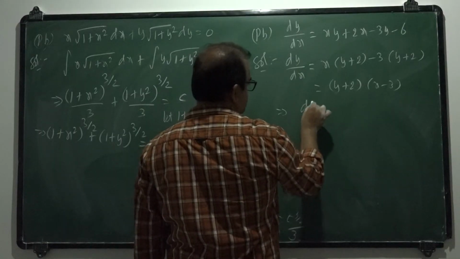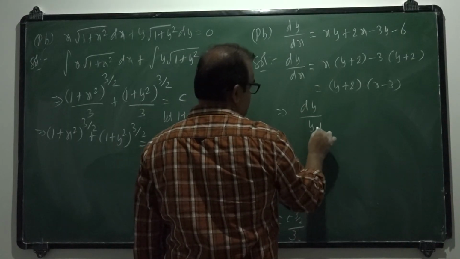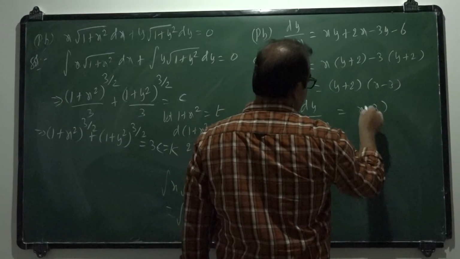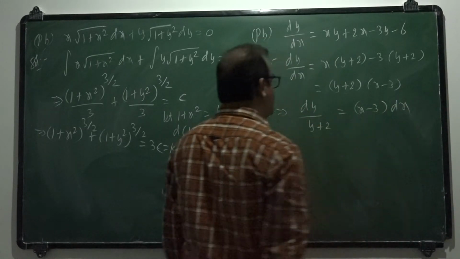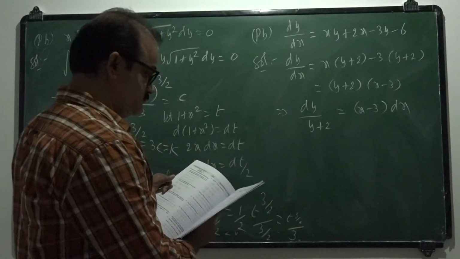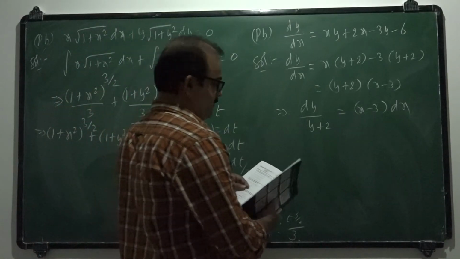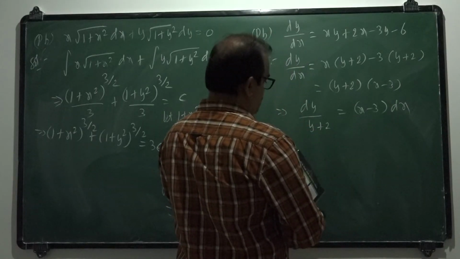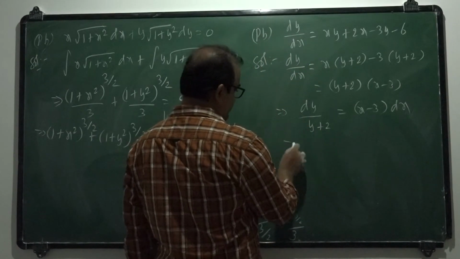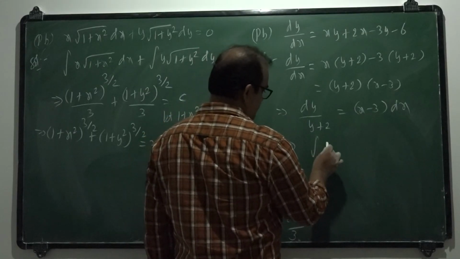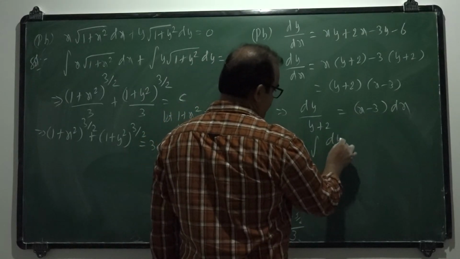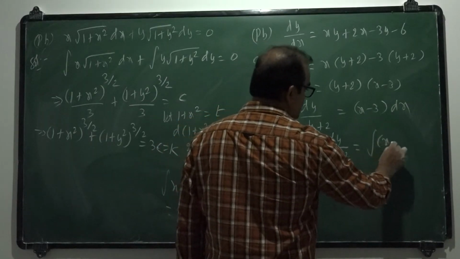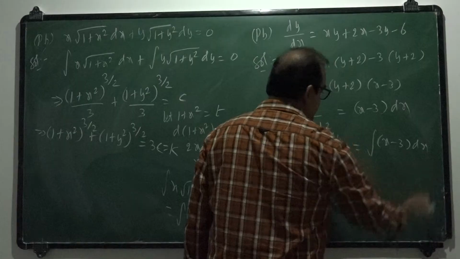Now separate the variables. Write it as dy by y plus 2 is equal to x minus 3 into dx. Okay. Now integrating. Integral dy by y plus 2 is equal to integral x minus 3 into dx.